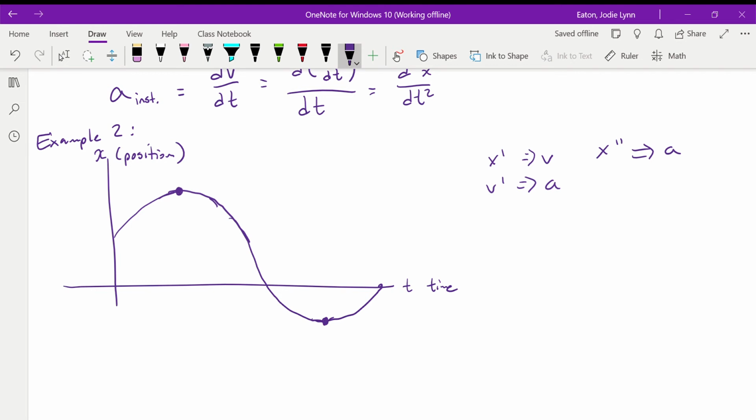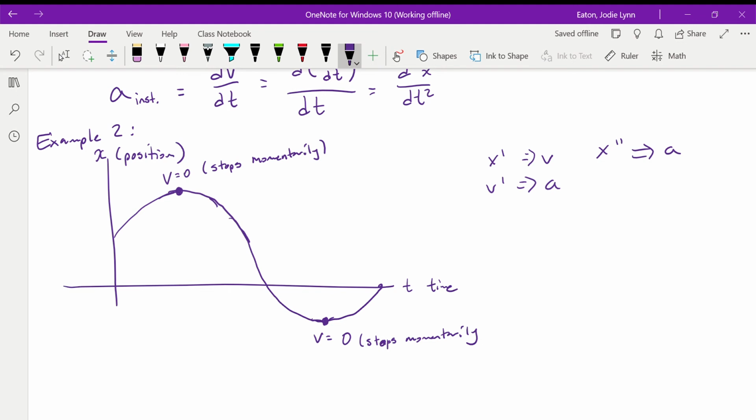So v equals 0 here and here. This is a momentary pause. Our particle stops momentarily at these max and min points.